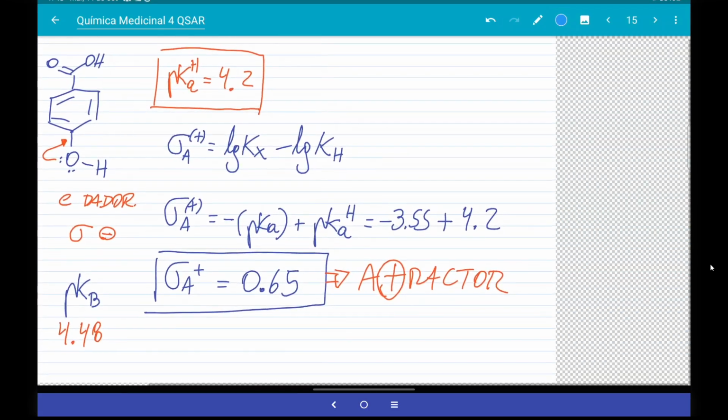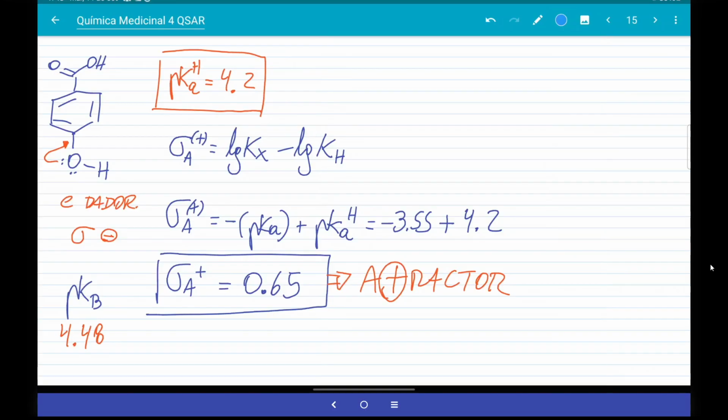We go to the second computation. Now, if I am going to move the image a little, for when it is with hydroxyl, then we have that sigma B is going to give negative.